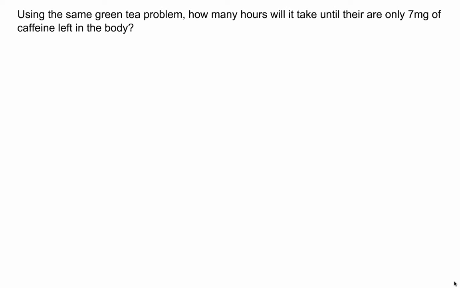Alright, so we're going to use the same problem as before. But this time we want to find out how many hours it's going to take until there's only 7 milligrams of caffeine left in the body. Before, we knew how many hours and what we started with, and after 3 hours there's about 23 milligrams left, but now we want to know how many hours it takes to get down to 7 milligrams.